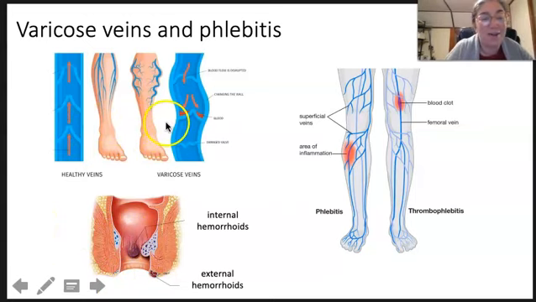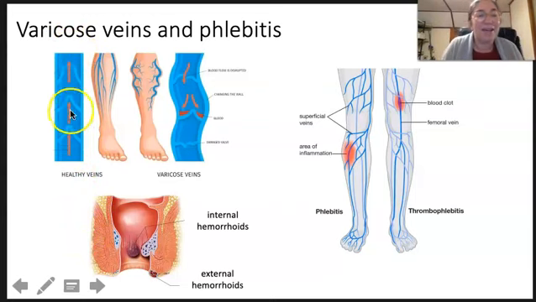Varicose veins are swollen veins in the legs, and they are fairly common because the legs have fairly large veins with these valves that are important for keeping the flow of blood unidirectional up the leg. And if those valves become impaired, it can result in pooling of the blood in those veins, and then it causes them to become distended and distorted and swollen.